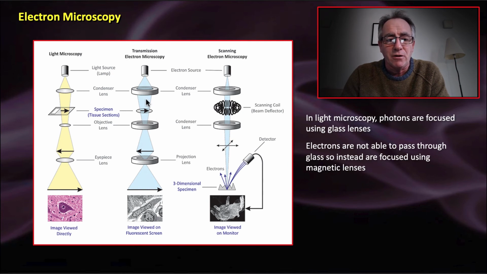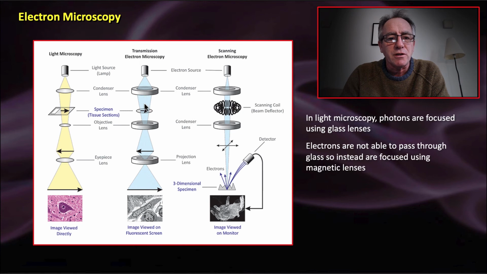All of the air is taken out of it because even air molecules will stop the electrons, and you focus the electrons using strong magnets. So the things that are called condenser lenses are glass in light microscopy, but magnetic rings inside the column of a transmission electron microscope. Electrons are emitted from an electron emitter.